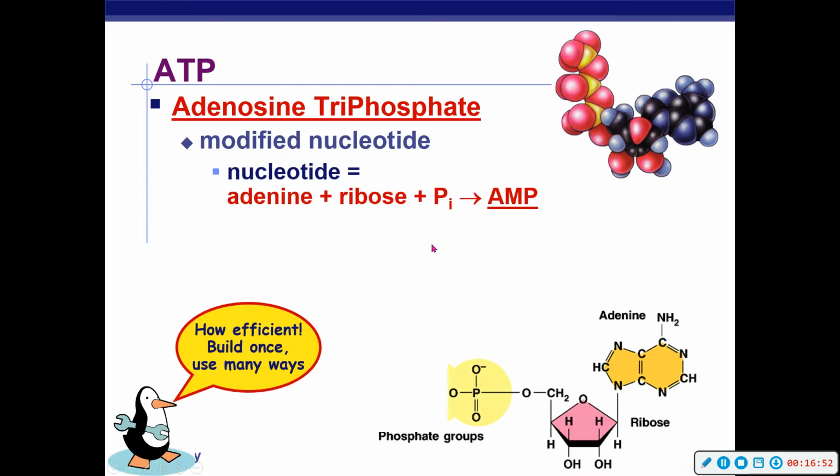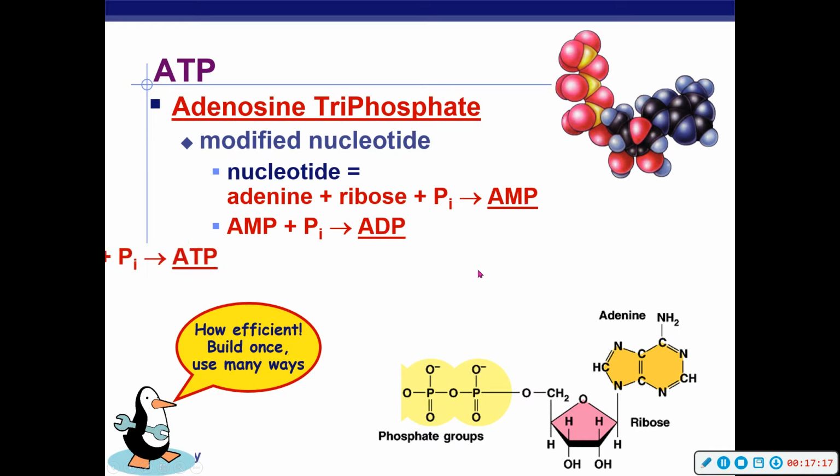So there's our ATP. ATP can come in many forms. When it's adenosine triphosphate, it means it has 3 phosphate groups. But it can also be adenosine monophosphate. Mono means 1. It can be adenosine diphosphate and have 2 phosphate groups. So it comes in many forms. It just depends how many phosphate groups you are going to have on there.